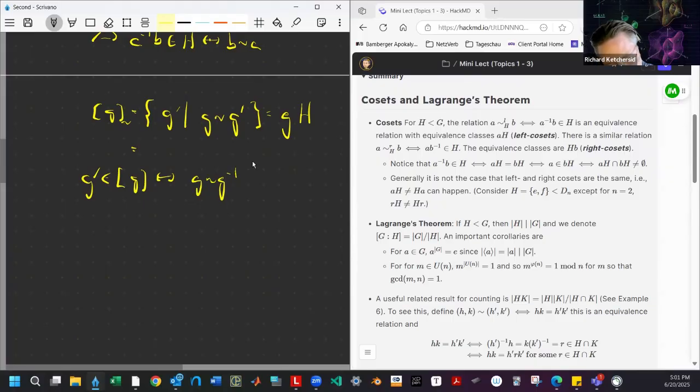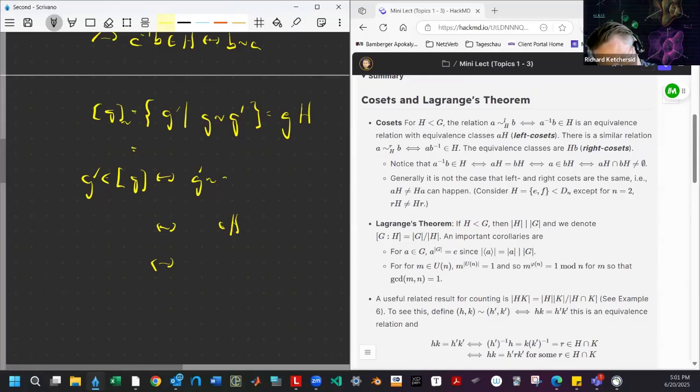It doesn't matter which order I write that in, because of symmetry. In fact, just to make it clear, let me write this the other way around.